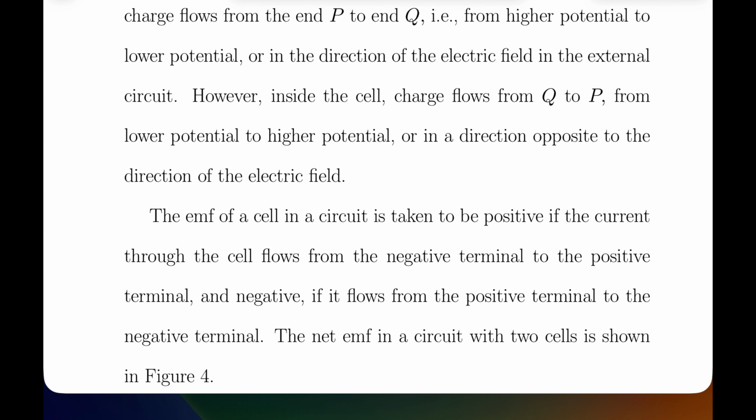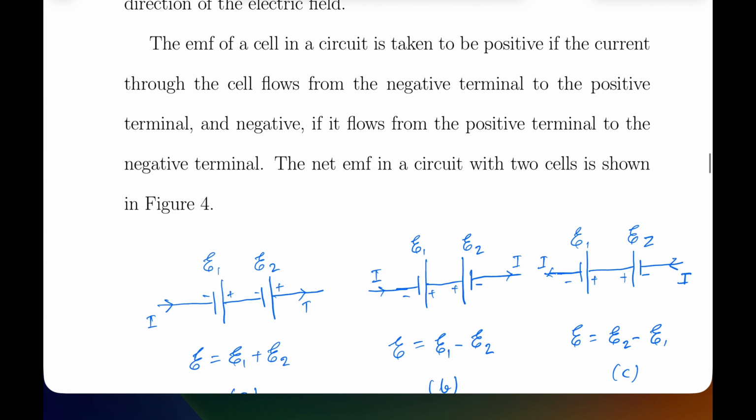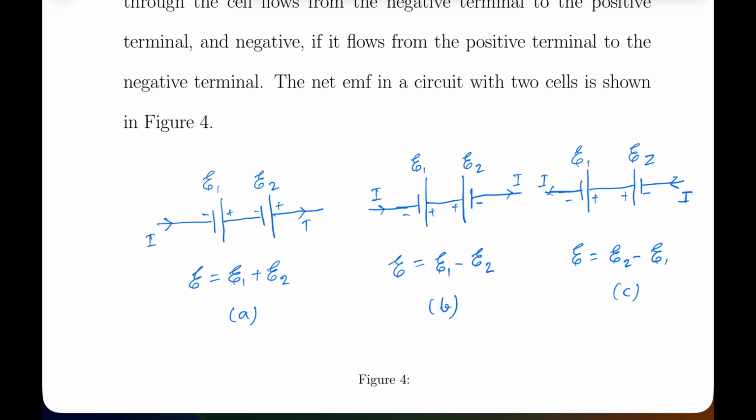The EMF of a cell in a circuit is taken to be positive if the current flows through the cell from the negative terminal to the positive terminal, and negative if it flows from the positive terminal to the negative terminal. The net EMF in a circuit with 2 cells is shown in figure 4. In figure 4a, we have 2 cells of EMF E1 and EMF E2.